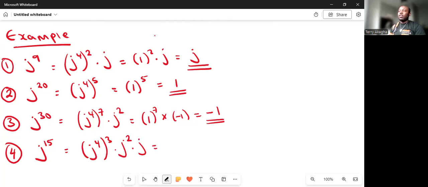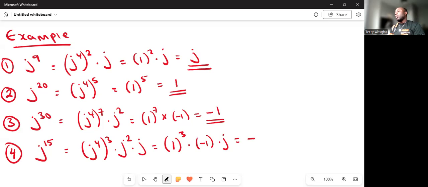And then j raised to the power 4 is going to give me 1 raised to the power what? That will give me 1 there. It's going to be 1 raised to the power 3 multiplied by j raised to the power 2, which is minus 1. Then we have j. So that means it's going to be 1 times minus 1, which is minus 1.